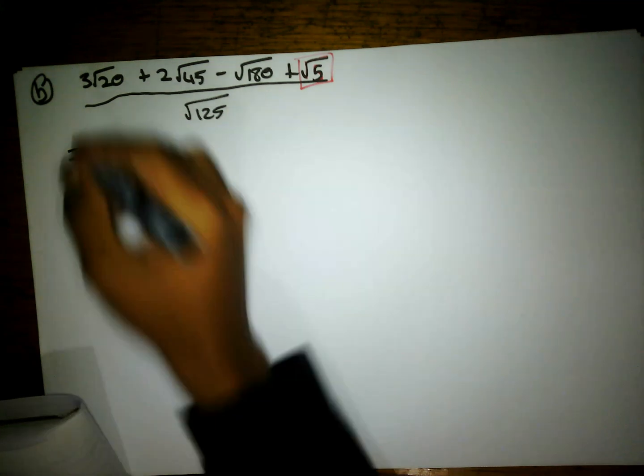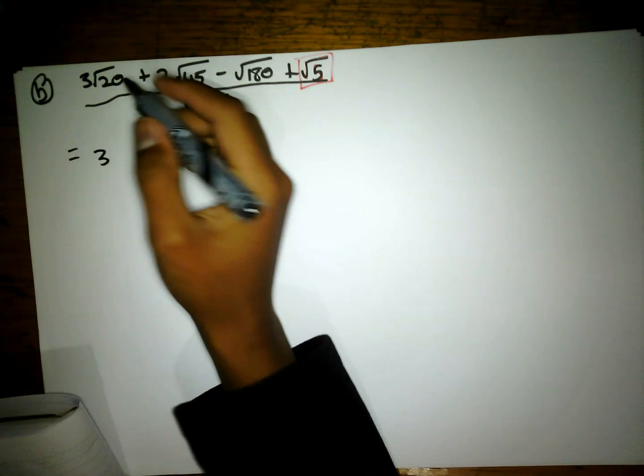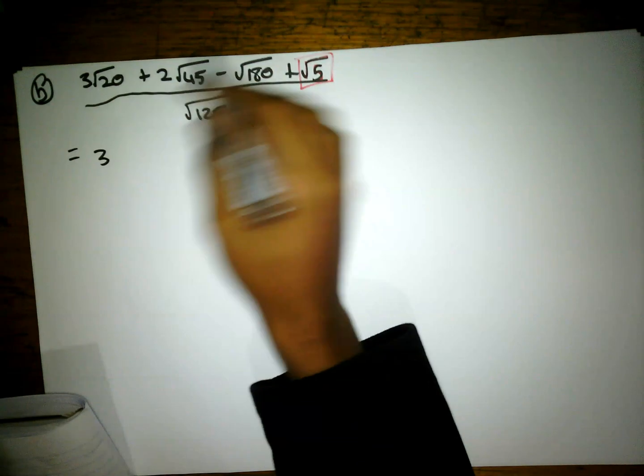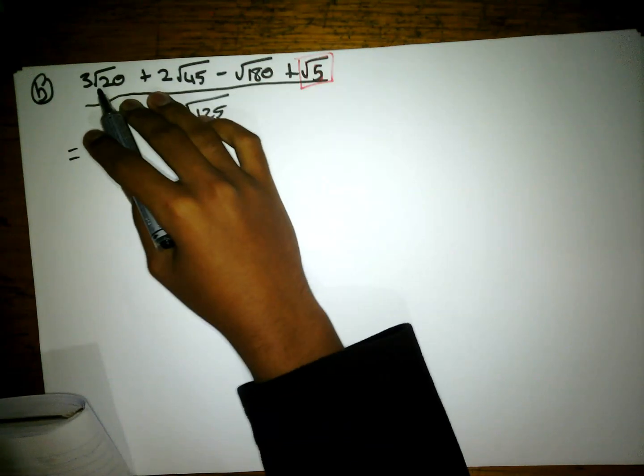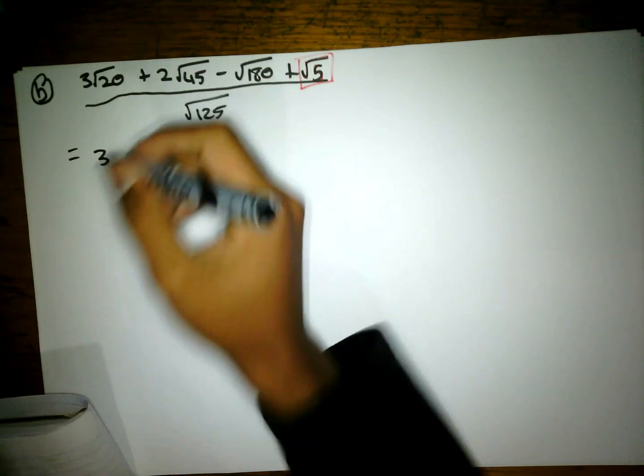So we have a 3. We leave the first numbers and we deal with what's inside the house, inside the square root.